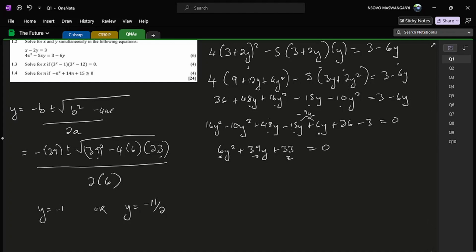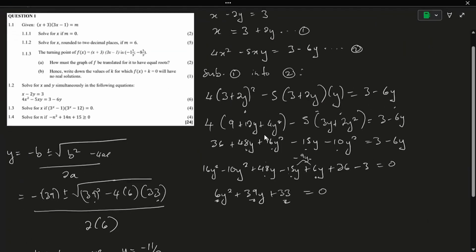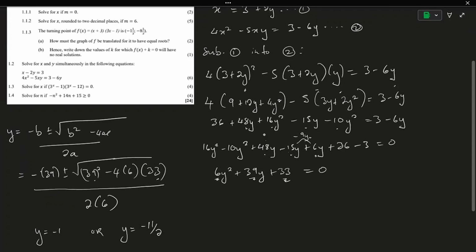If we know that y is negative 1 or negative 11 over 2, we know that we said x was equal to, let's see, equation 1, we said x should be equal to 3 plus 2y. So we can have two answers as well because we have two y answers. So we're going to say x is equal to 3 plus 2y being negative 1, or x equal to 3 plus 2y being equal to negative 11 over 2 right there.